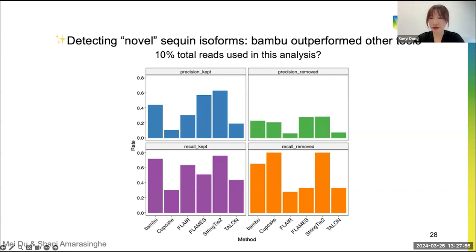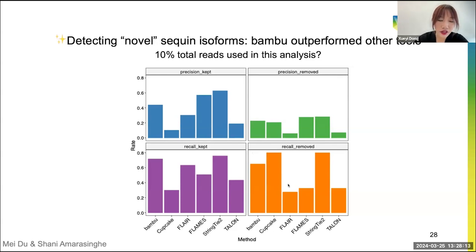Okay, I think I'm feeling better now. So let's continue. In this analysis, we calculated the precision and the recall for the sequins that are kept in the dataset and removed from the dataset.